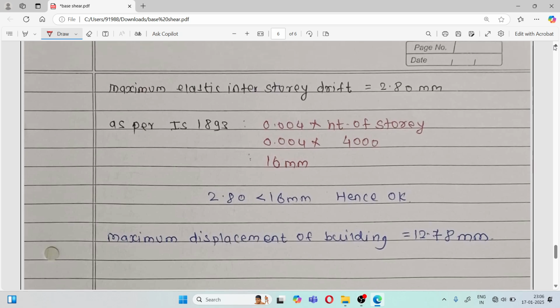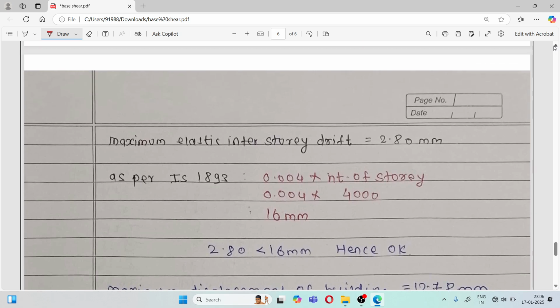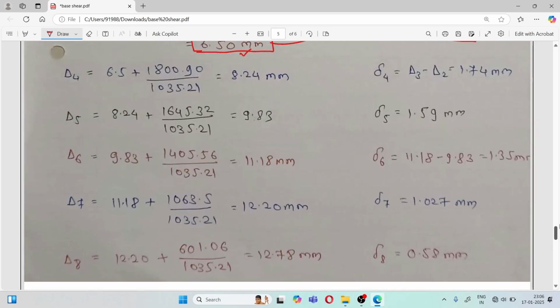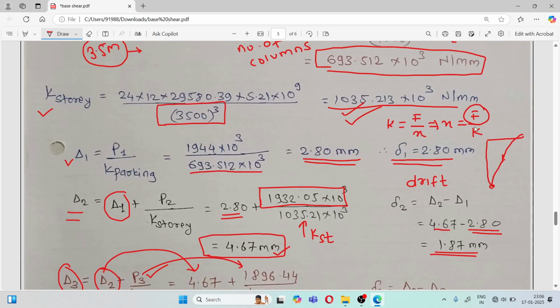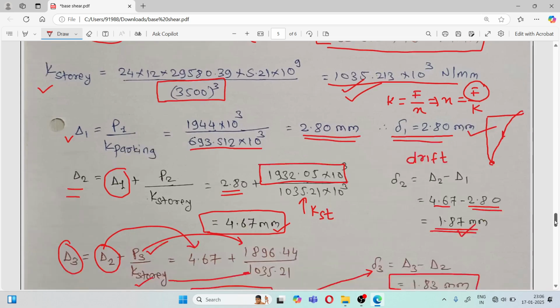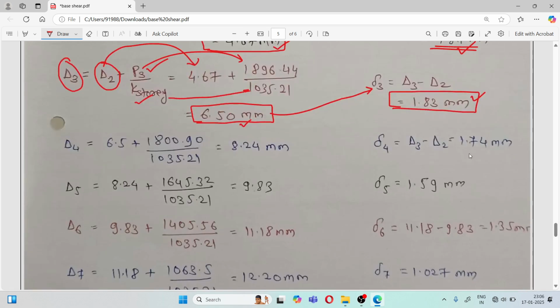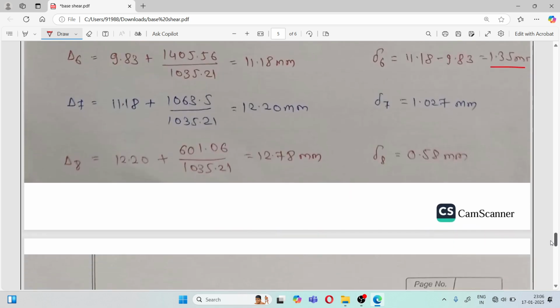So if you see all those values, 2.80 is the drift, 1.87 is the drift, 1.83, 1.74, 1.59, 1.35, 1.027, 0.58.